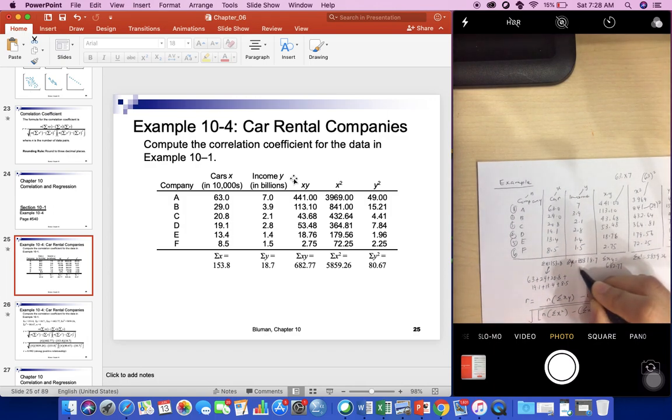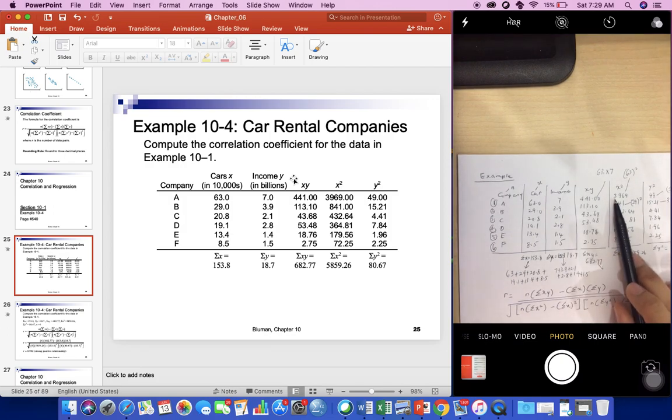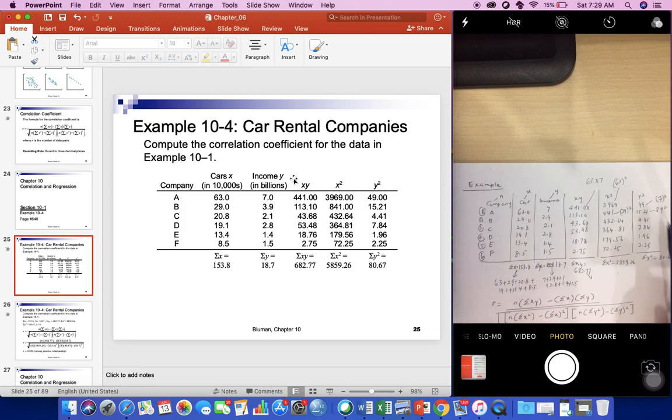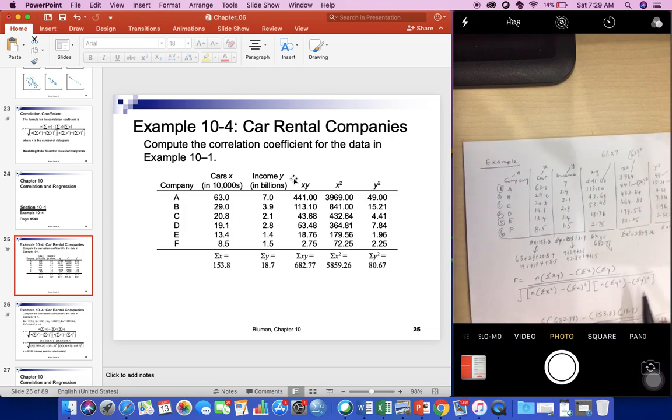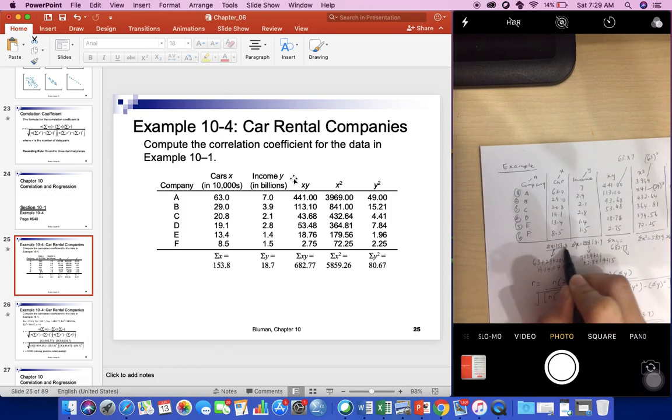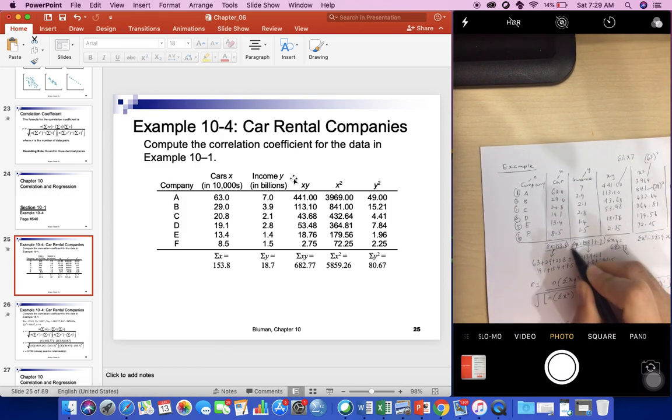The same goes with y: 7 plus 3.9 plus 2.1 plus 2.8 plus 1.5 plus 1.4. For xy, 441 plus 113 until 2.75. For x power of 2, 3,969 plus everything until 72.25. The same goes with y power of 2.